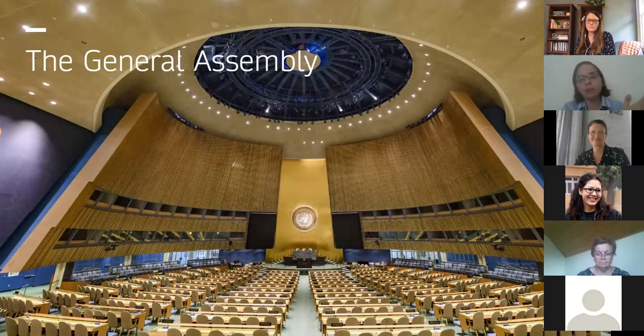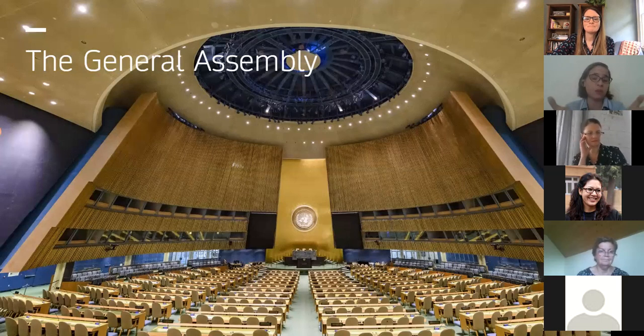So in the General Assembly, every country is represented equally, one country, one vote. The resolutions that they make, as I mentioned, are not legally binding, but they hold enormous moral power. So usually the General Assembly would be getting ready for the biggest event of the year, which is the general debate in September. So every September, every country's delegates get a chance to give a speech on this famous podium.